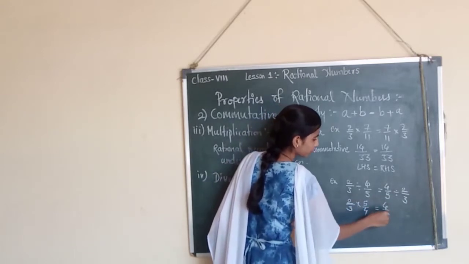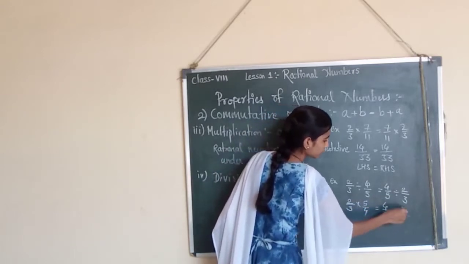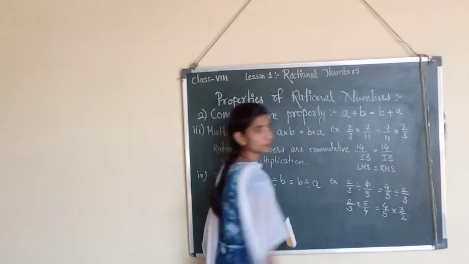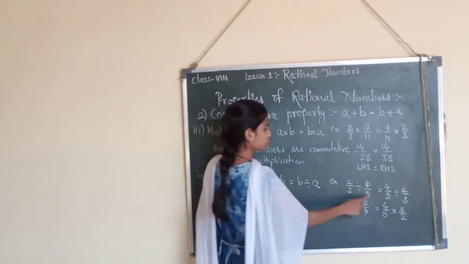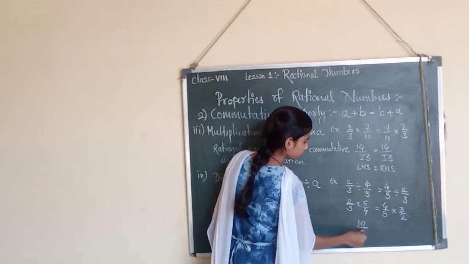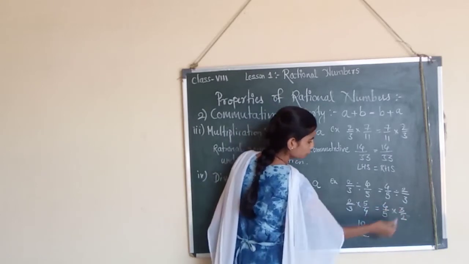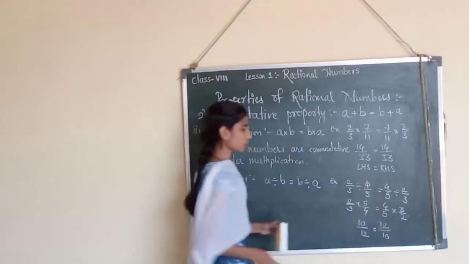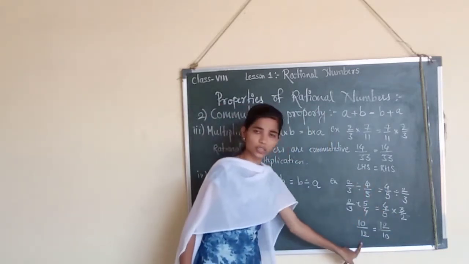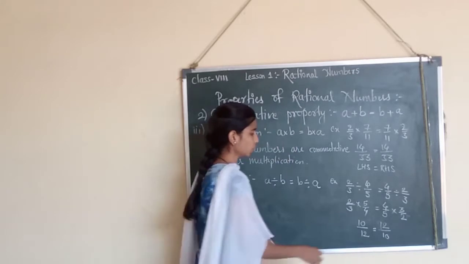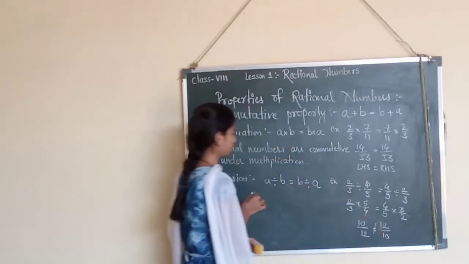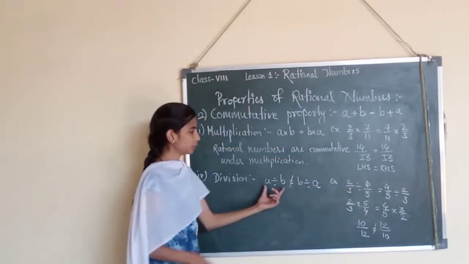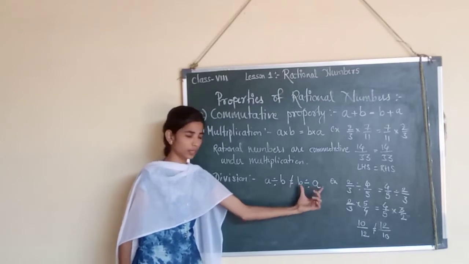Here keep 4 by 5 as it is and invert, 3 by 2. Now multiplication: 2 5s are 10, 3 4s are 12, 4 3s are 12 and 5 2s are 10. Students, can we say that LHS is equal to RHS? No, they are not equal. It means that A by B is not equal to B by A.